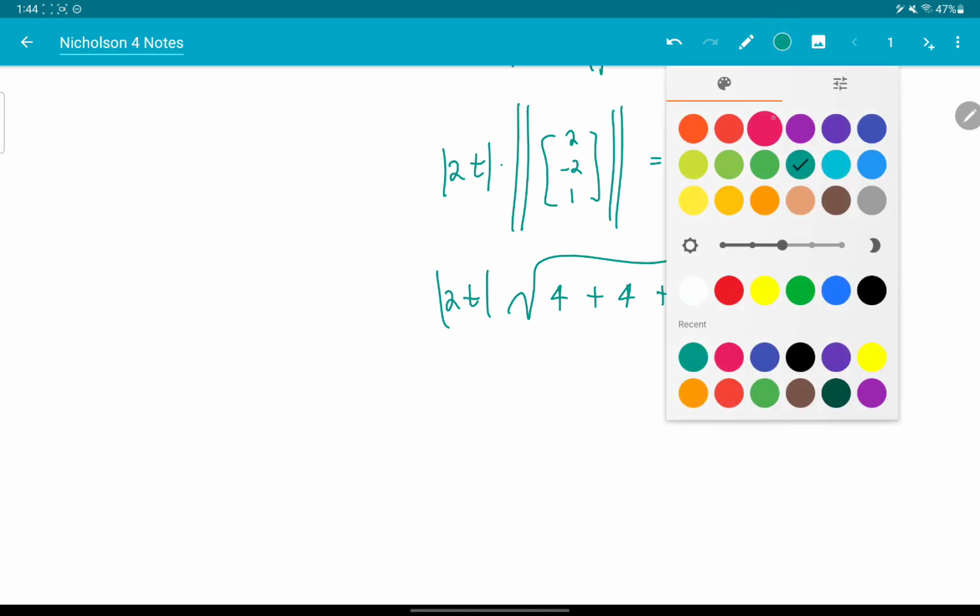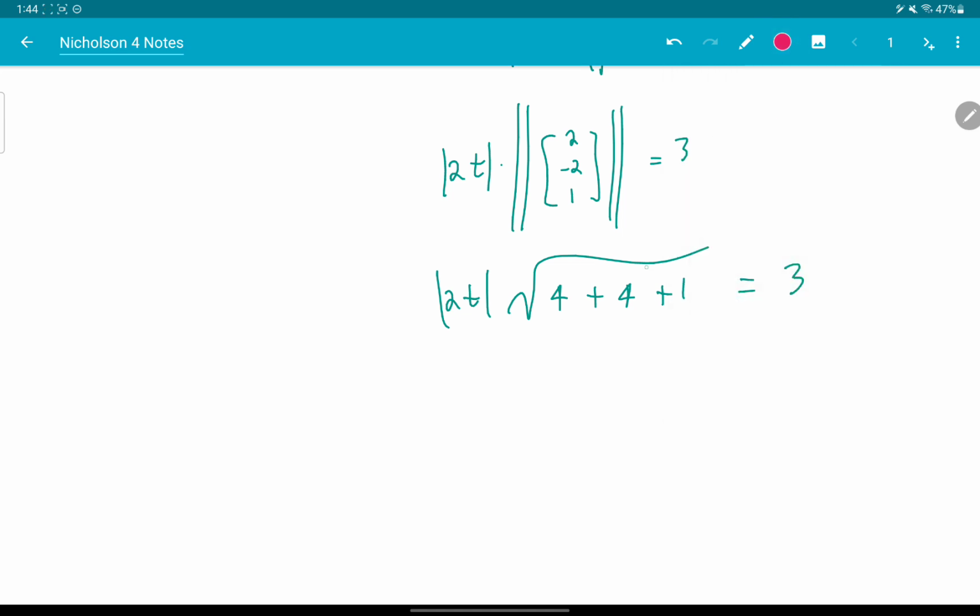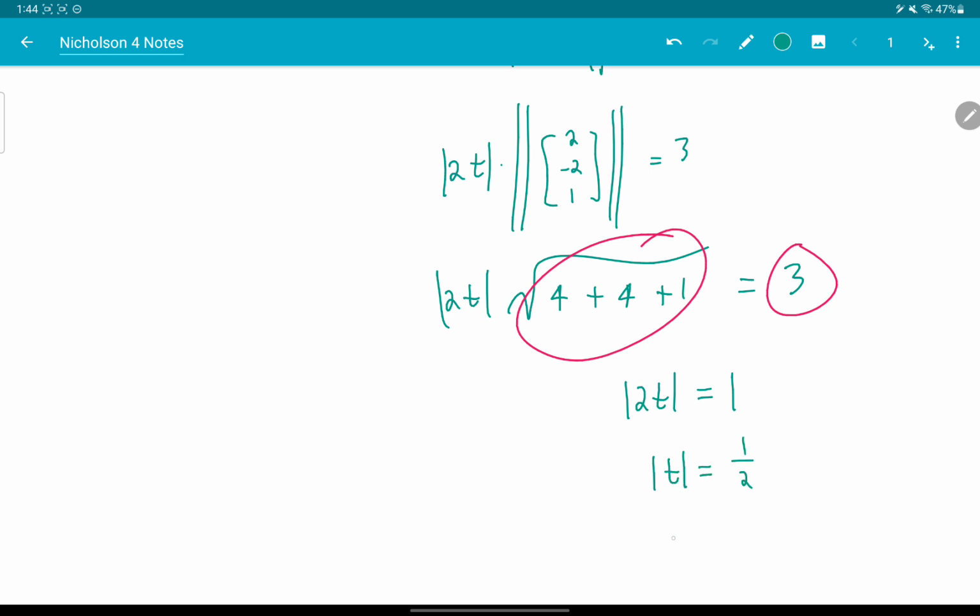And what do you know? This is 3. This is also 3. So they cancel when I divide. So the absolute value of 2t is equal to 1. What does that tell me? It tells me the absolute value of t is a half. So t is equal to plus or minus a half.